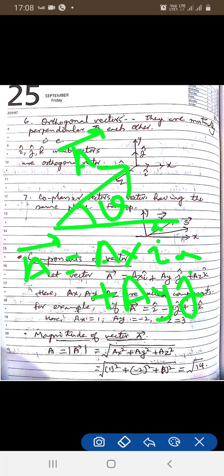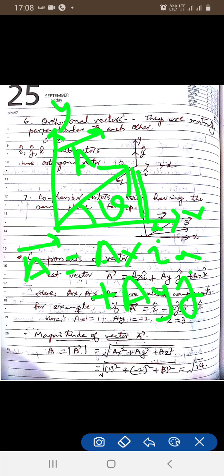So, here ax will be a cos theta and ay will be a sin theta if we draw a perpendicular, and here is the y axis and this one is the x axis.